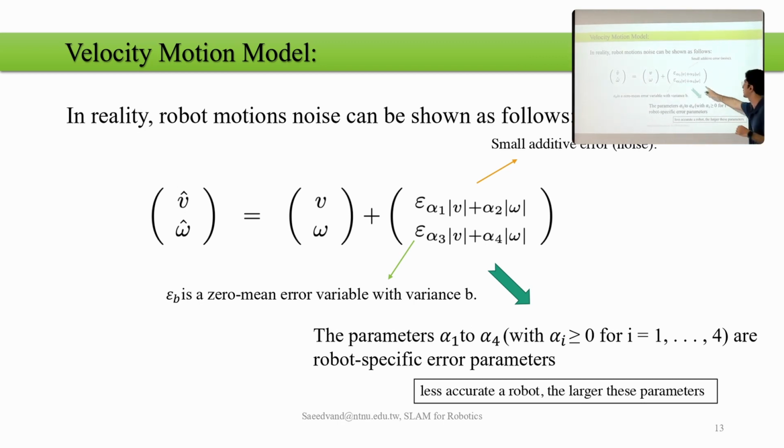That's the error that you have on the rotation, on the control command where you're saying the robot goes straight. And for the rotation, again, if you have some rotation, you may have error for moving straight and rotation, which you find on your robot and plug in over here. Any question?